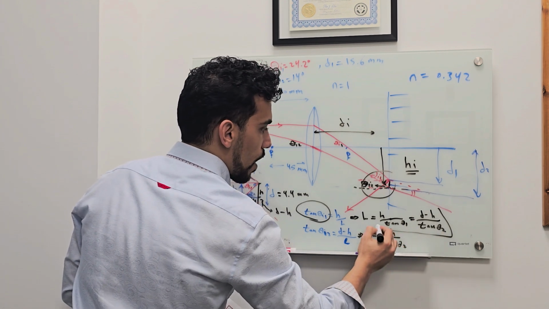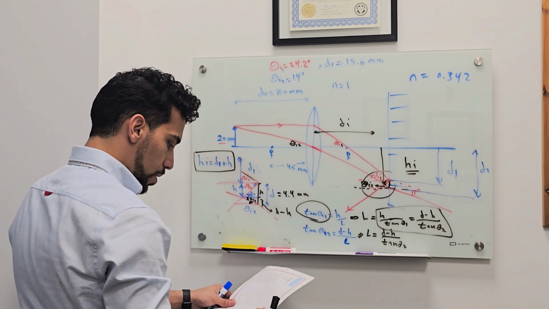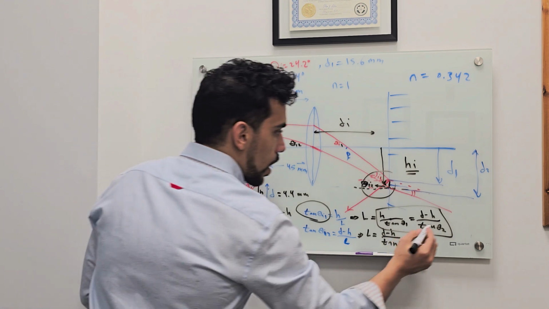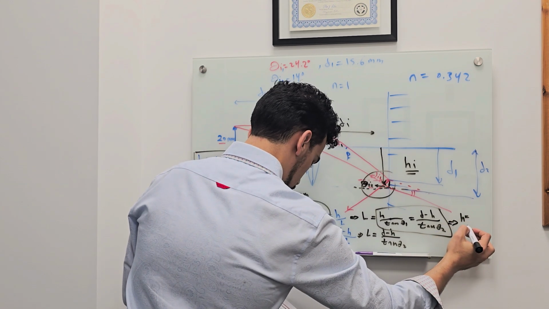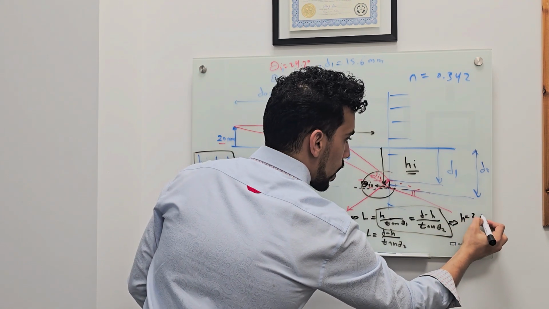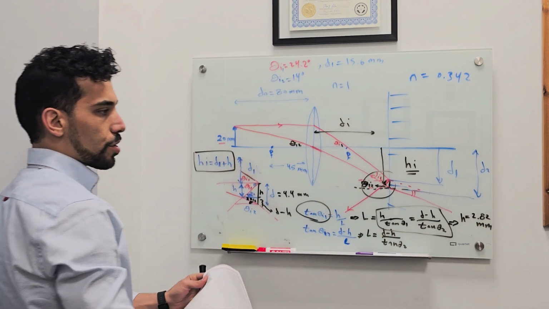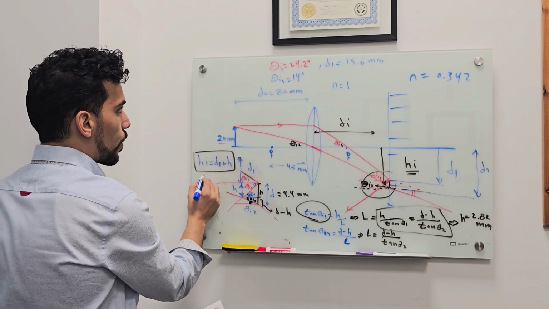So we have theta 1, we have theta 2, we have D. That means we can get H, and H in this case is equal to 2.82 millimeter. So from this H that we got, we can find the height of the object, which is equal to D1.